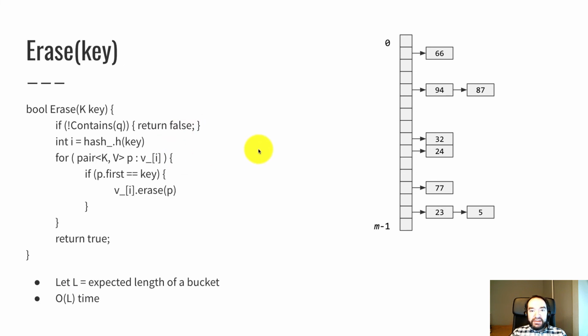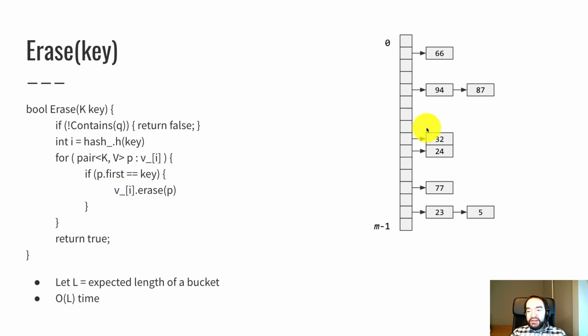Finally, erase has the same idea as some of the other ones. Check if the key is present or not, and if it's not present, we don't need to do anything, just return false. Otherwise, calculate which index to use as usual, and then have another one of these for loops that visits every single node in the singly linked list, and if we find a pair that matches the one we're looking for, then we erase it out of the linked list.